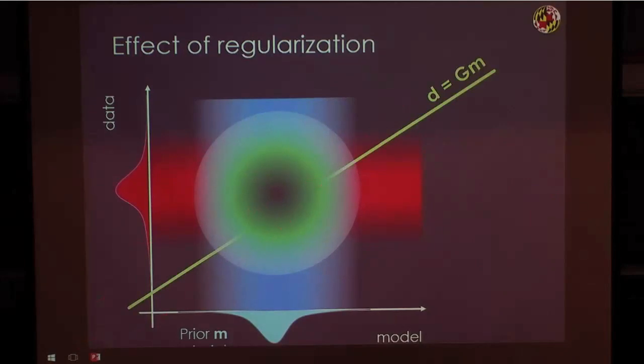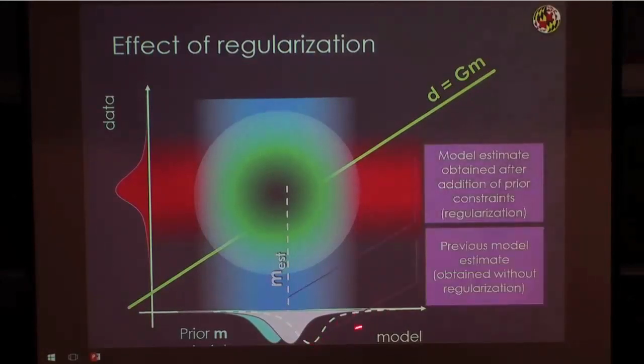Now you add your linear constraint between the data and the model vectors, and you go along that line. You have low likelihood here, and maximum likelihood right here, and then it goes weaker, weaker, weaker. So if you draw that other distribution, this is the solution that you would get, and that solution is distinct from the solution we got previously. The previous solution was here, because that's where the maximum was encountered by this d equals Gm line.